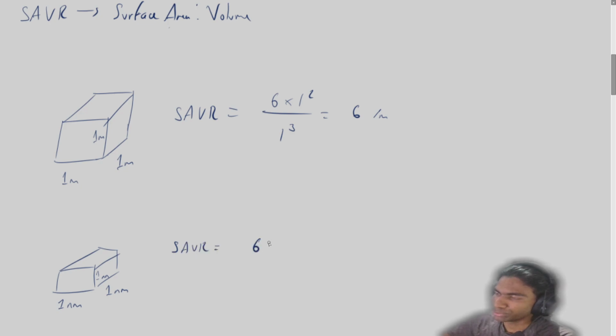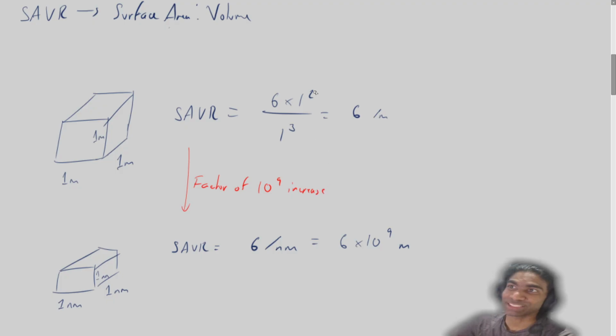But this time it's going to be in units of 6 per nanometer, which if you converted it to per meter to compare it, would actually be 6 times 10 to the power of 9 per meter, meaning the surface area to volume ratio has increased by a factor of 10 to the power of 9. That is to say that if you are trying to use a substance to increase the rate of diffusion, etc., then using nanotechnology might just be the way to go.